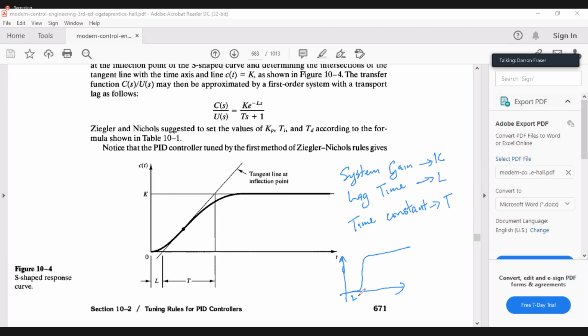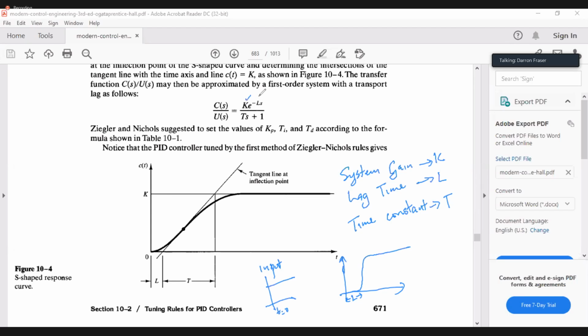The lag time is the time it takes the output to respond. So this is my input. At time t equals 0, it goes to a value. There's a delay or a lag time before the system responds, and that time is L.